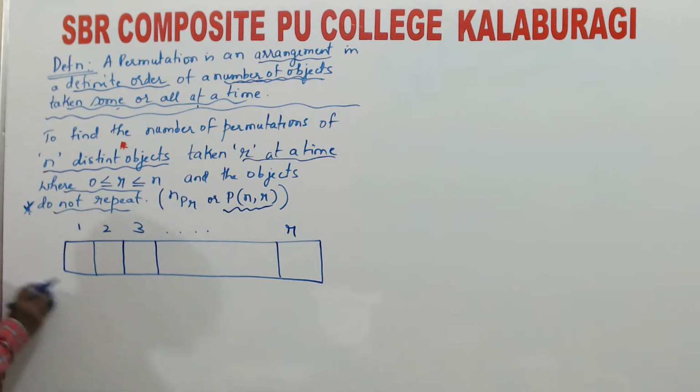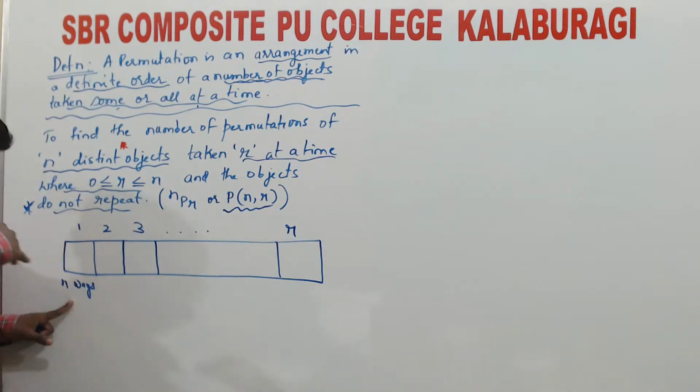The first place. To fill the first box, how many objects do we have? We have n objects. Is that right, students? So can I say n ways? To fill the first box, I have n ways.